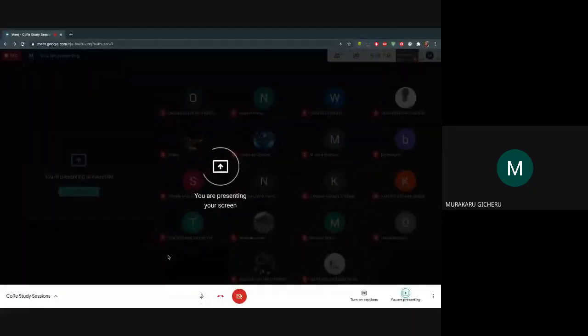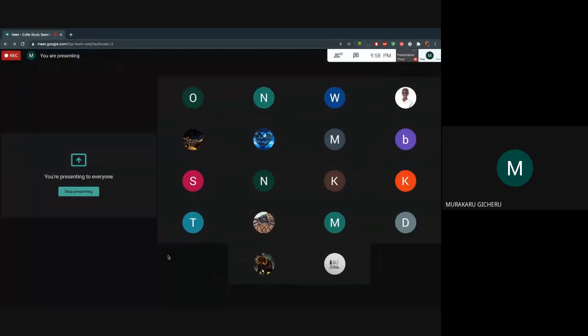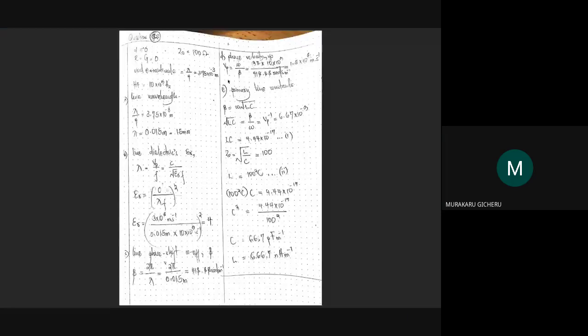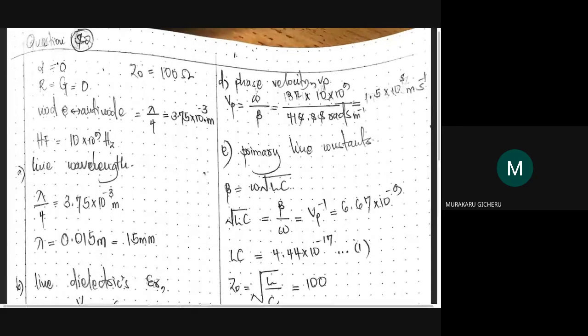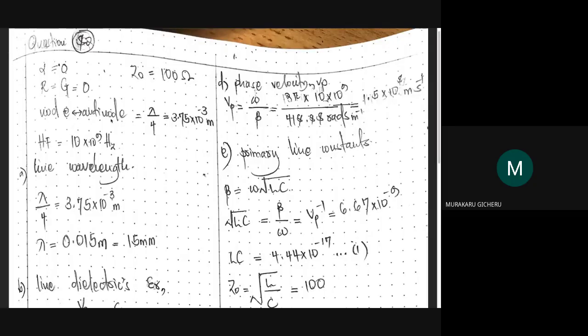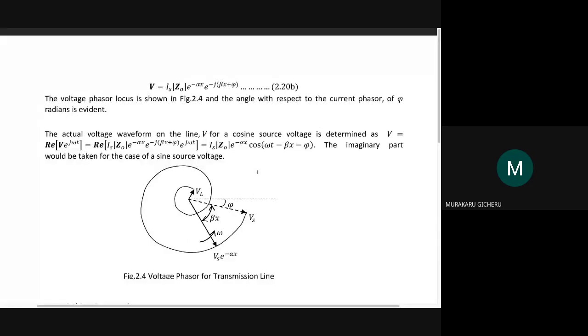Tell me when you can see my screen. We can see your screen. Can I zoom this? Yes. Okay. So this question is on page 182, I think. Question 2. Let me just open it.